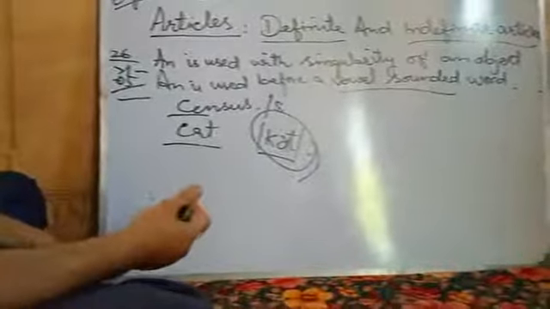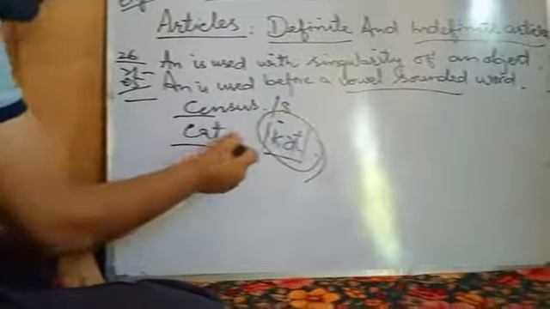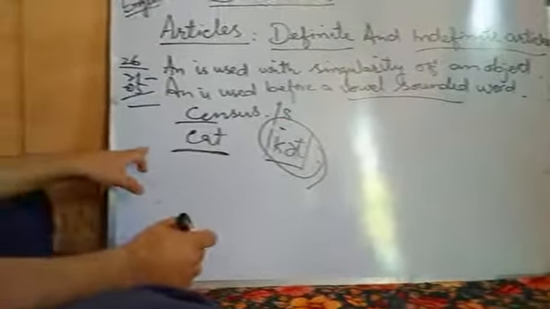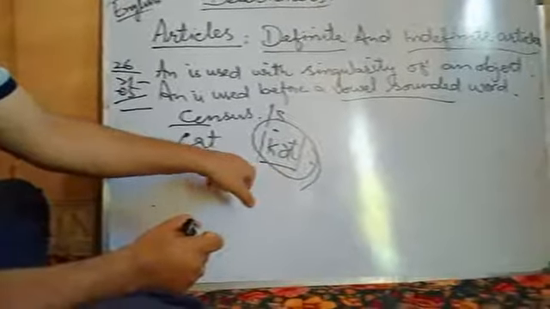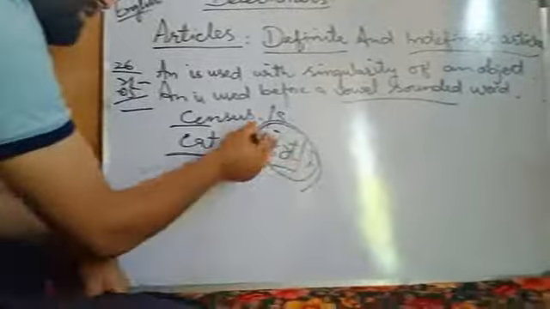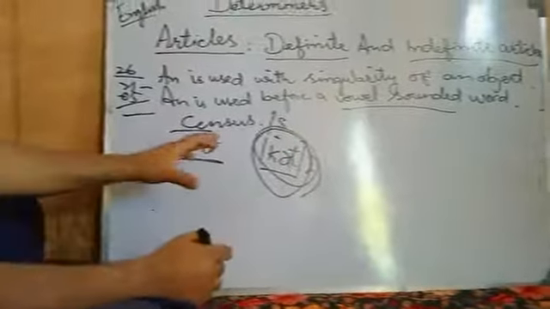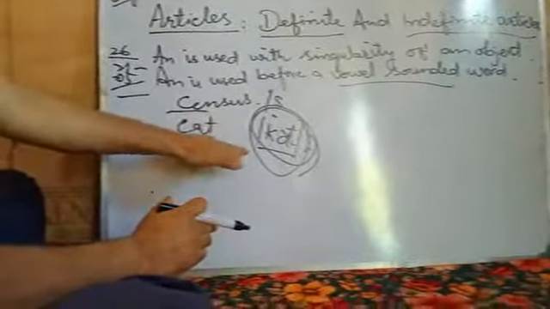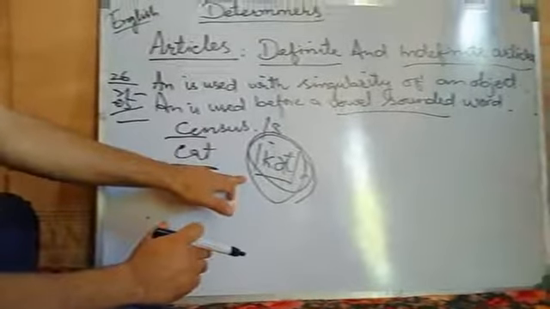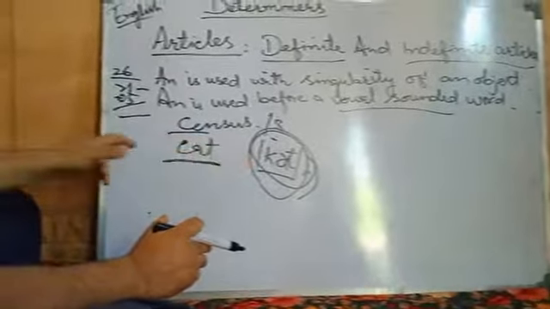Why? Because the phonetic structure of cat is k, a, and t. On the basis of this phonetic structure, we pronounce a word.